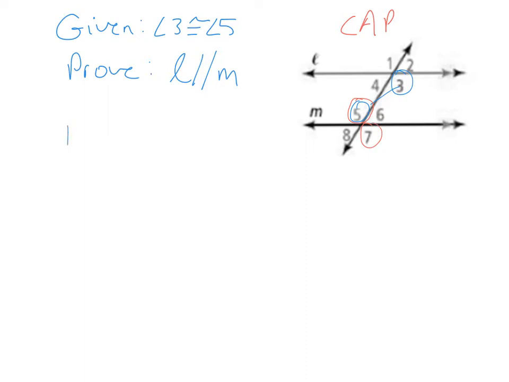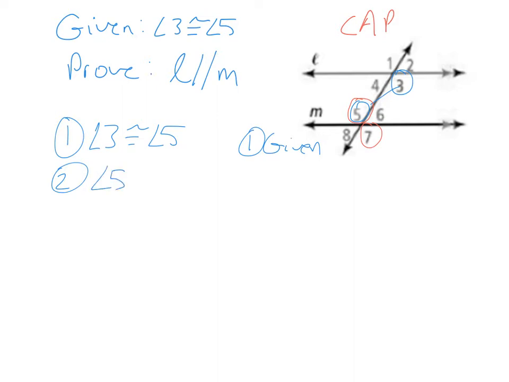First, start by writing out the given, and that is that angle 3 is congruent to angle 5. These are alternate interior angles, and at the very end, we're trying to show that the lines have to be parallel. I said if 3 and 5 are the same, I also have a nice connection that angle 5 and angle 7 are the same. They're vertical angles.